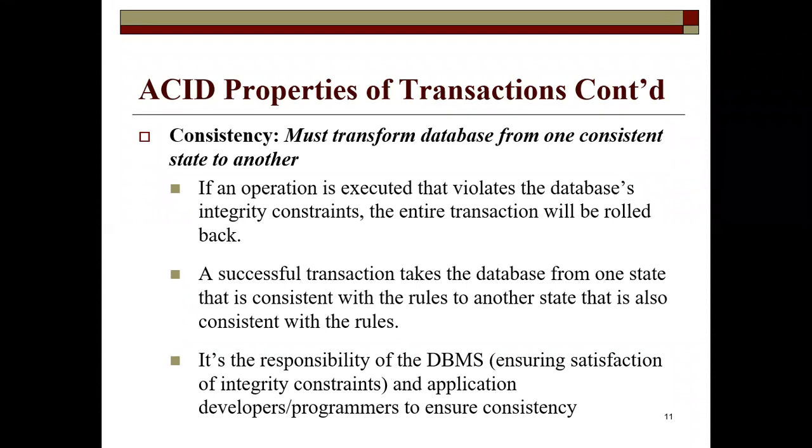So anytime you perform an operation on your database, we must be able to move from a state where all the rules or constraints are satisfied to another new state in which the rules are still being satisfied.